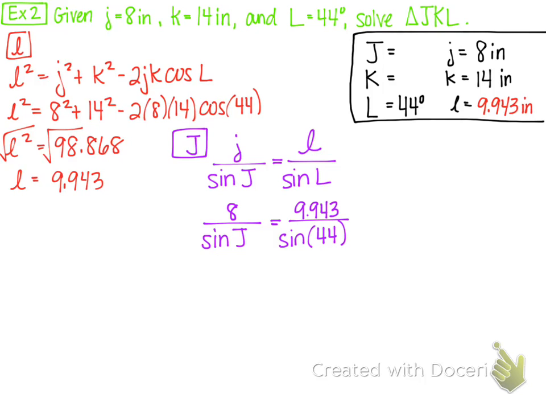Okay, so let's cross multiply. For this, we get 9.943 sine of big J equals 8 times sine of 44, and we get 5.557, and then we need to divide by 9.943.